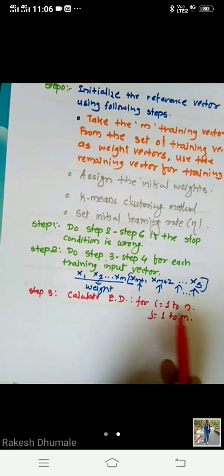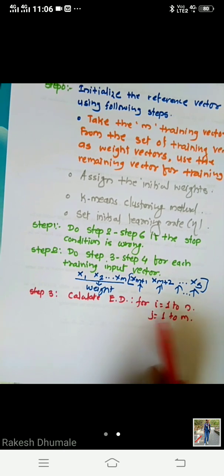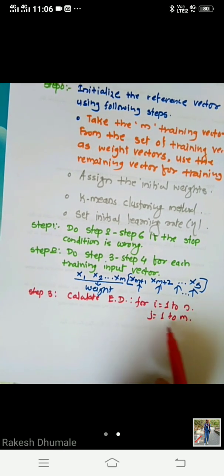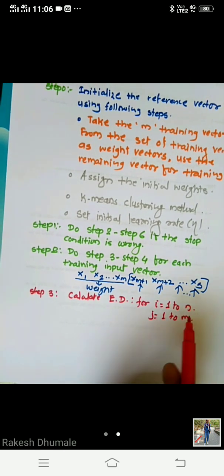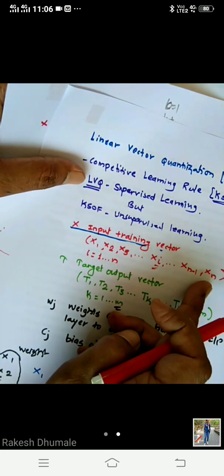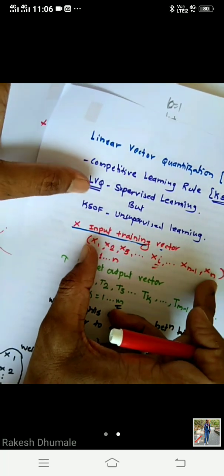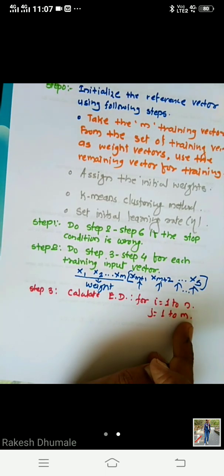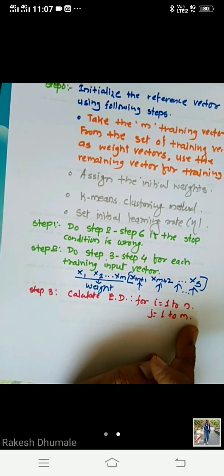Now it is 1 to n; these are the number of elements. If you remember, 1 to n, these are the number of elements. And what is 1 to m? What is 1 to m?